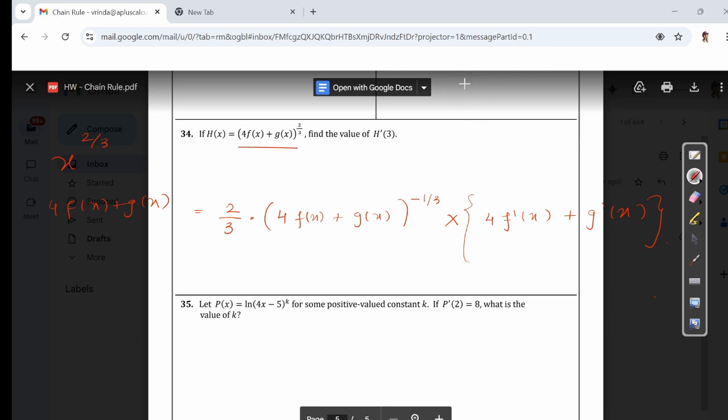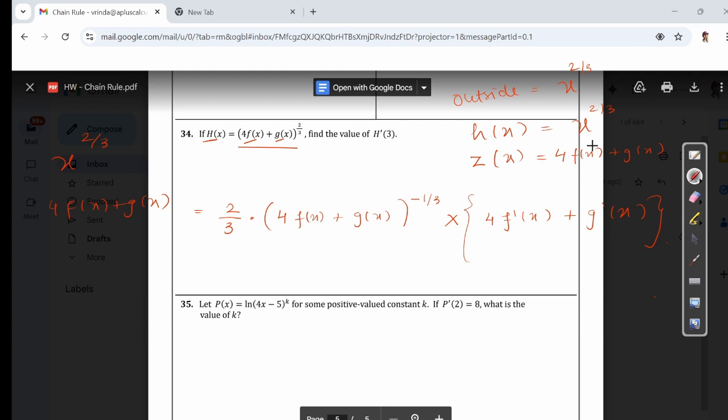And you'll have to identify which function is the outer function. For example, here, your outside function is x raised to 2/3. Imagine there is a function h of x equal to x raised to 2/3, and there is another function z of x. I'm taking z because f and g they have used, capital H also they've used. And imagine that z is 4 times f of x plus g of x.